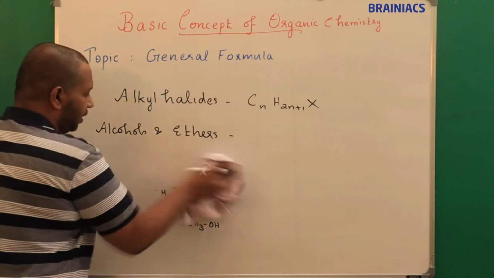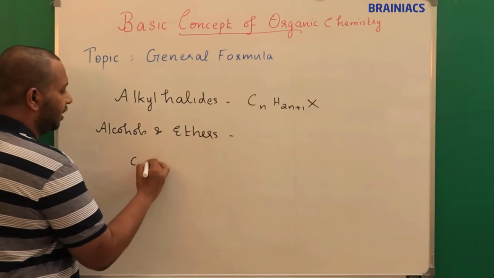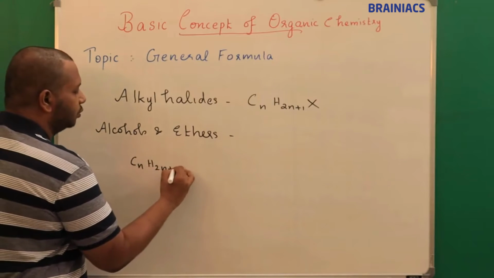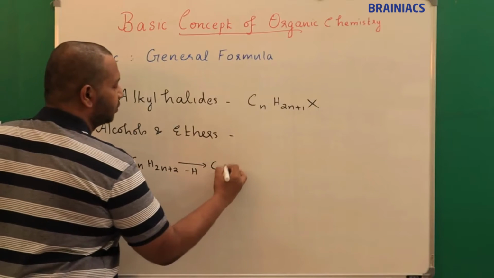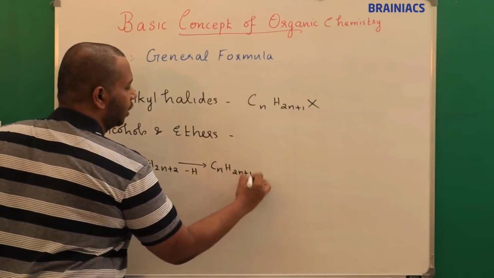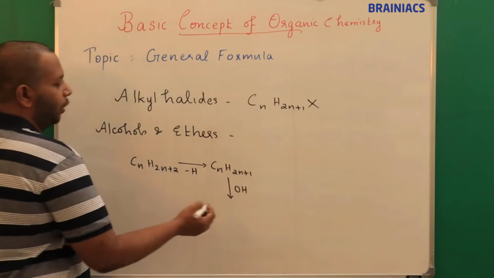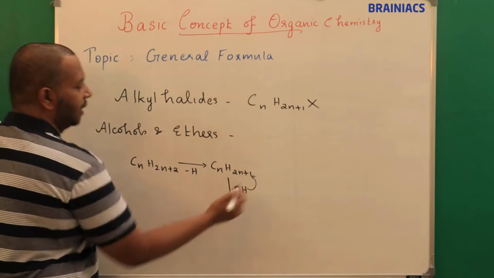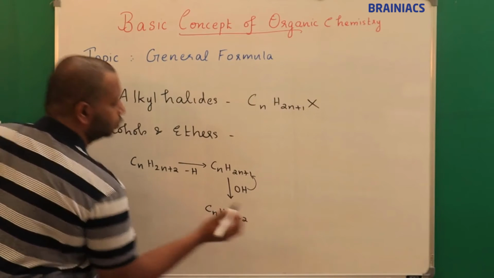Okay? So let's say we have from alkane CnH2n plus 2. From this one hydrogen is removed, so this becomes CnH2n plus 1. Into this we are adding the OH group. So when the OH group is added, this H is coming back. So I can write CnH2n plus 2, correct?